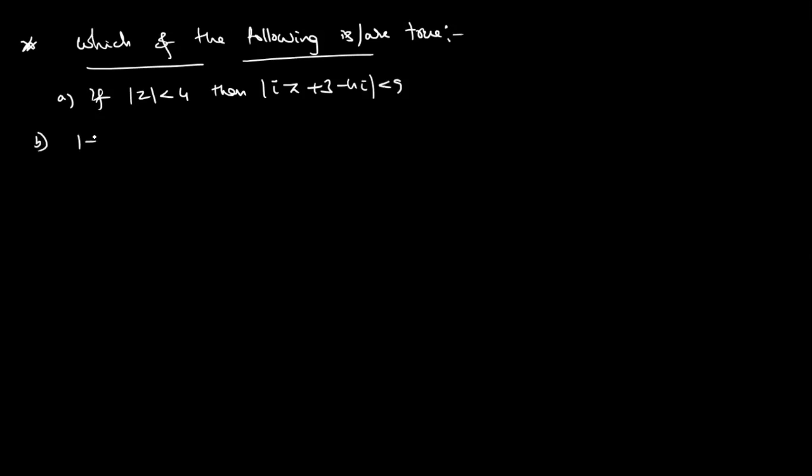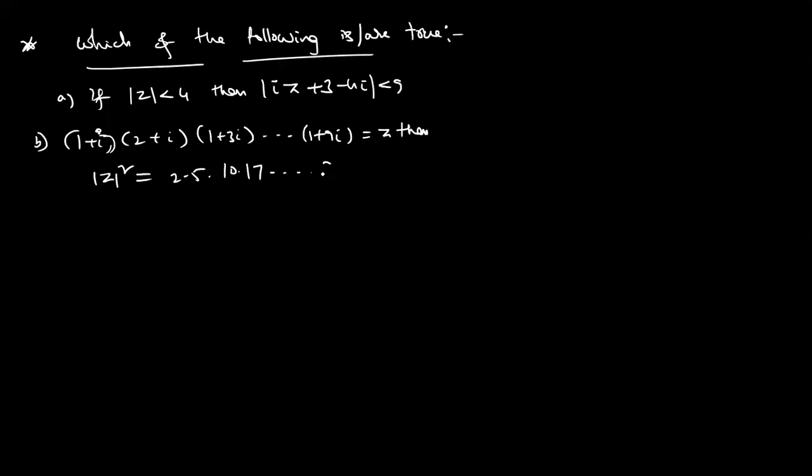B. (1 plus i) into (2 plus i) into (1 plus 3i) and so on up to (1 plus 9i) is equal to z, then mod z square is equal to 2 into 5 into 10 into 17 and so on up to 82. C. If modulus of z minus i is less than 1, then modulus of z plus 12 minus 6i is less than 2 plus 6 root 5.